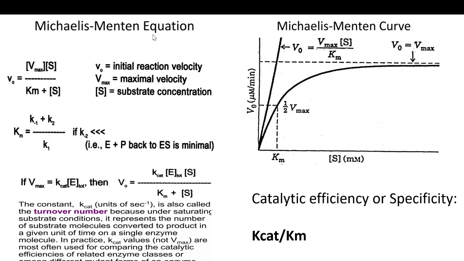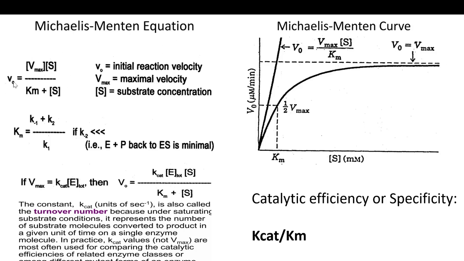The Michaelis-Menten equation gives a relation between the rate, or the velocity, of the reaction, the rate at which the substrate is getting converted into its product, where P is the product and S is the substrate. This is given by the Michaelis-Menten equation.